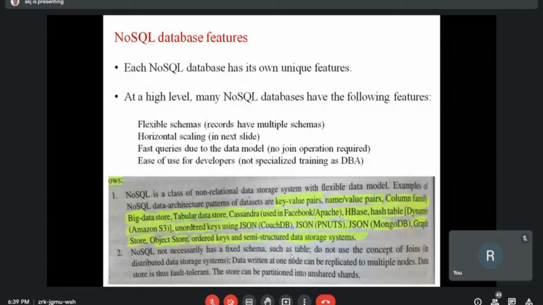Somewhere we may have a definition with some kind of fixed schema, but in most cases you will find it flexible. NoSQL does not use the concept of joins in a distributed data storage system. Data written at one node can be replicated to multiple nodes, so data stored is thus fault tolerant. The store can be partitioned into unshared shards.